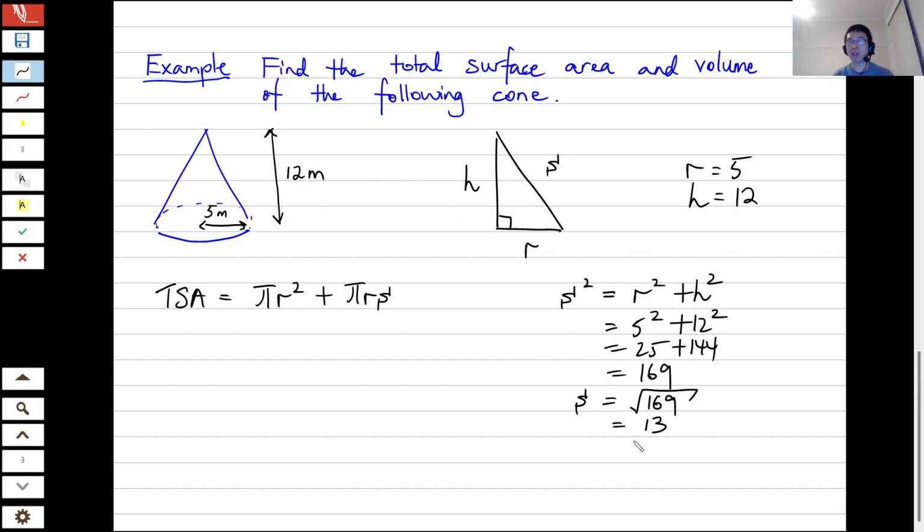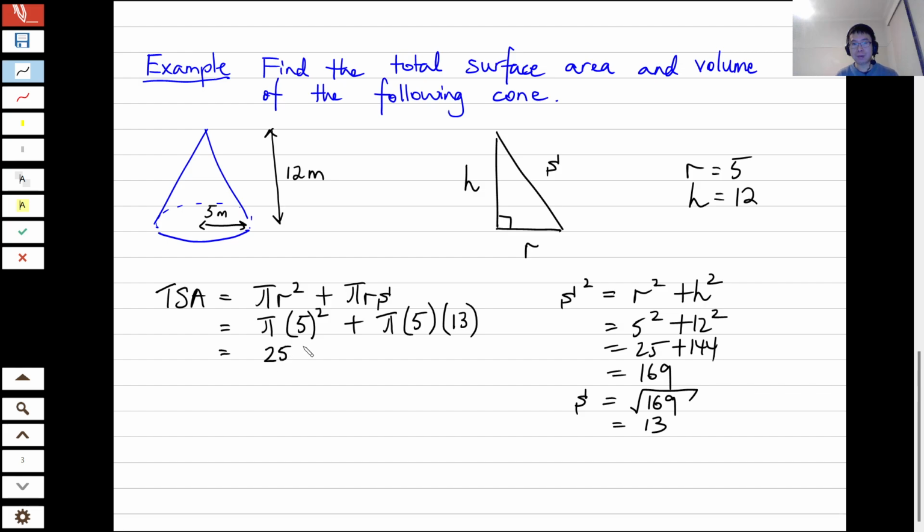So now that we've got S, we can say the total surface area is pi times the radius squared, which is 5, and then pi times the radius 5 times the slant height 13. Notice we could not progress with this calculation for total surface area until we had the slant height 13.